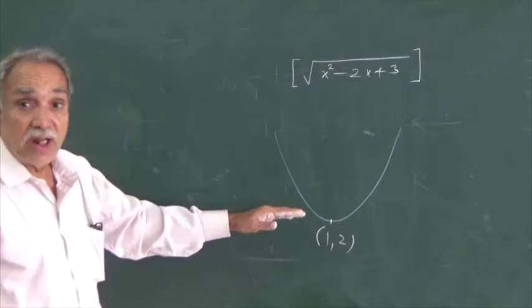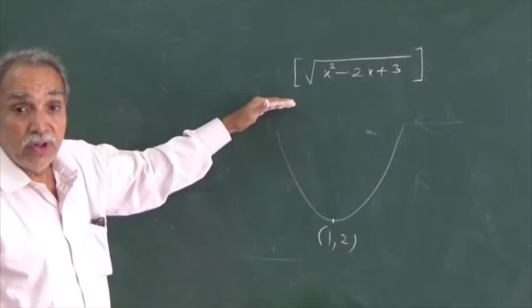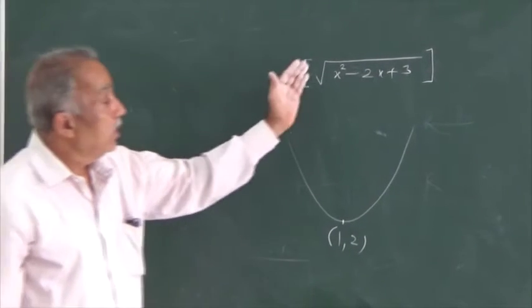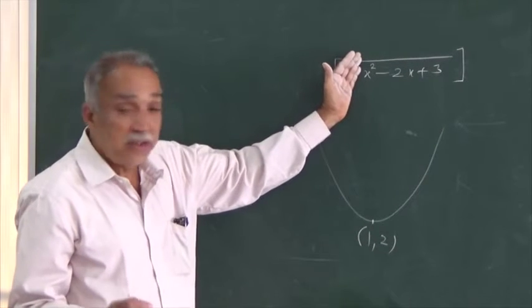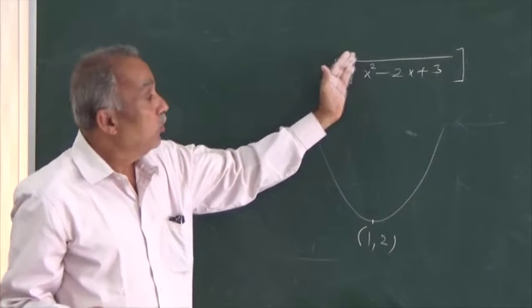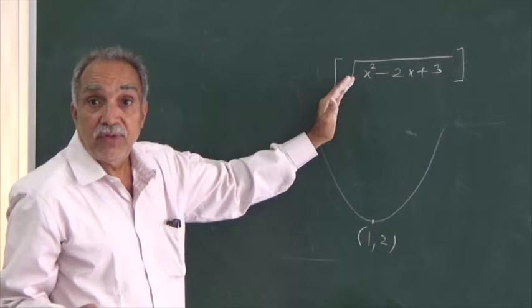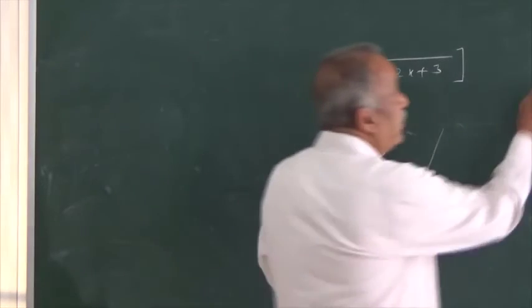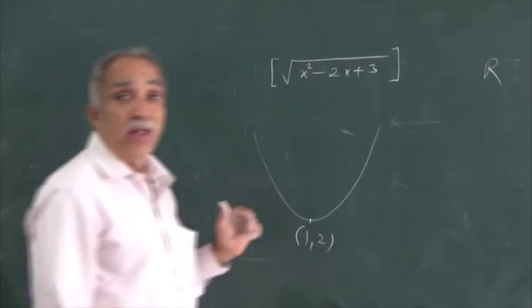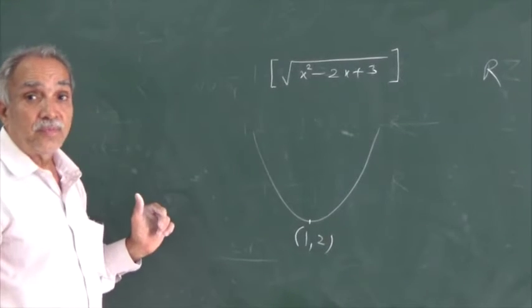This means graph lies completely above the point 1, 2. This expression takes only values greater than or equal to 2. Will the square root be always meaningful? Yes, no problem. Domain is the entire set of real numbers. What about the range?